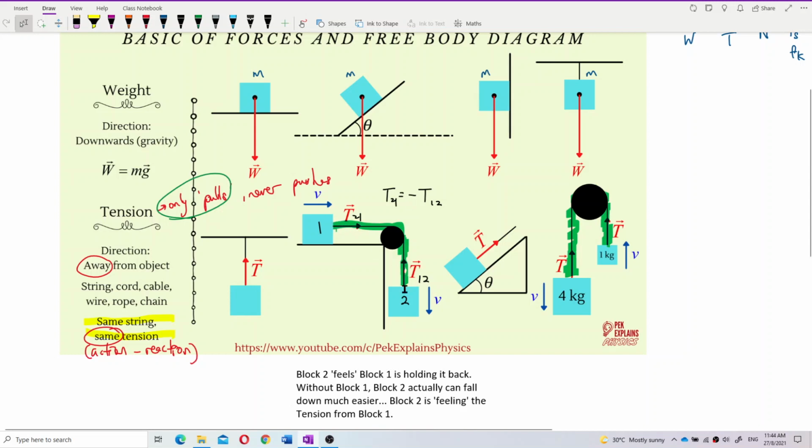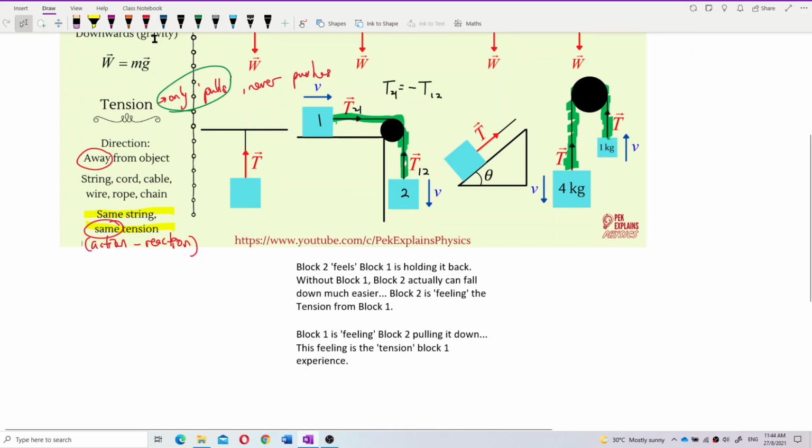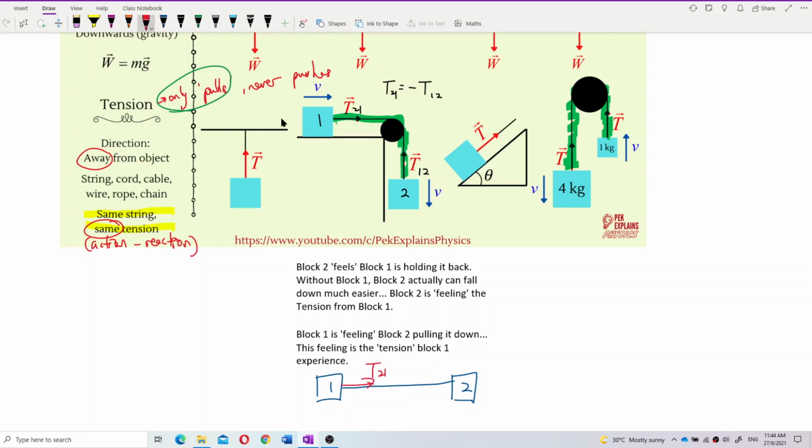You see the opposite direction. T21 is to the right, T12 is in the opposite direction. If we make this block straight like that, this is number 1, this is number 2. So this is T21, this is T12. See, they are actually opposite in direction.